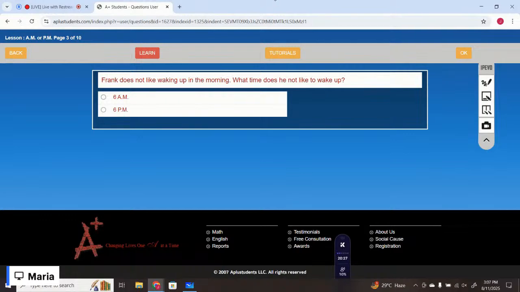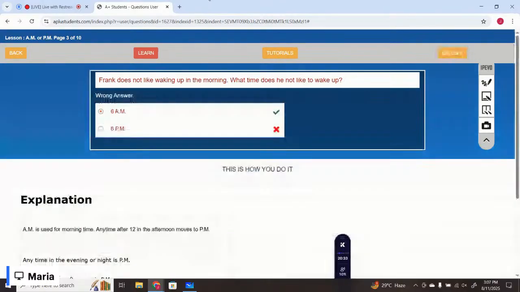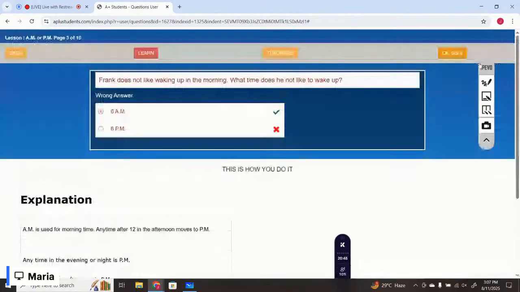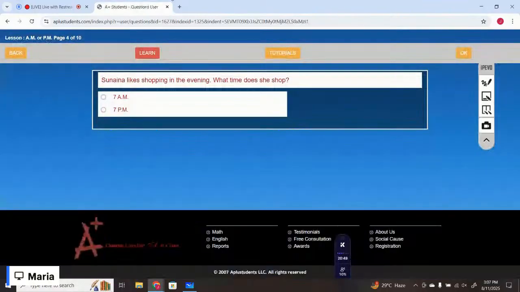Not like to wake up in the morning, so that would be 6 a.m. Option two is the correct option. When he doesn't like to wake up in the morning, it would be 6 a.m.